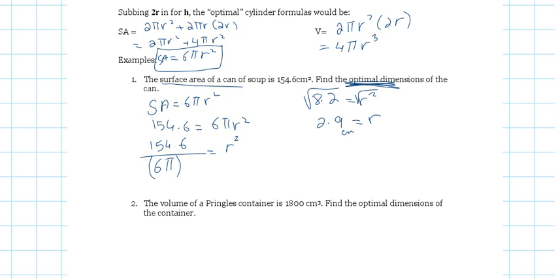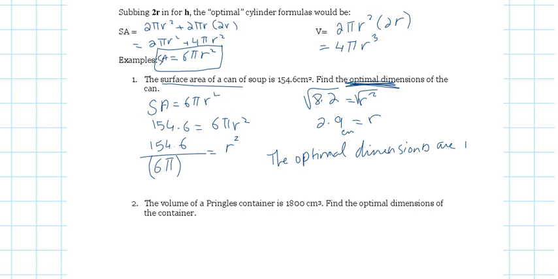So what are your optimal dimensions? The radius of 2.9. So the optimal dimensions are a radius of 2.9 centimeters and a height of... you have to find the height too.